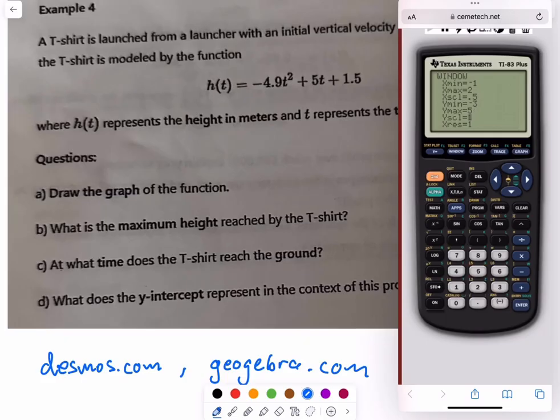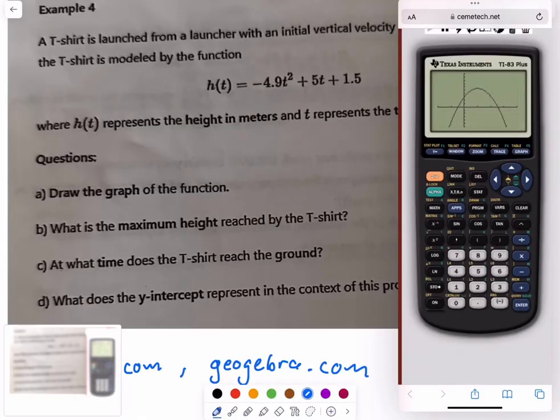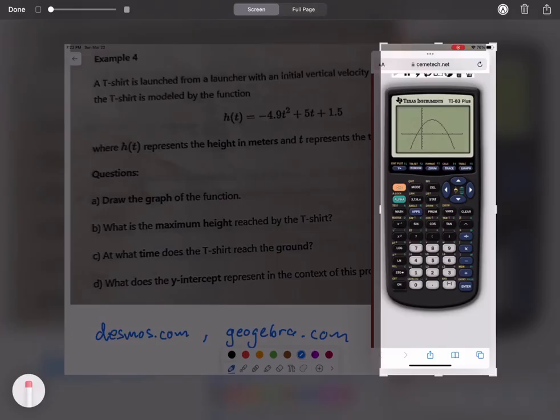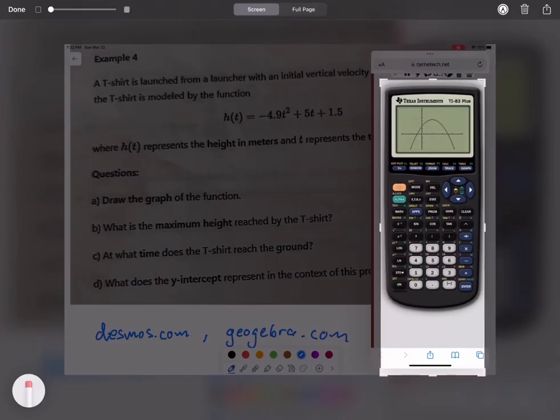Y scale, we can make each tick mark on the y-axis 0.5 as well. Now we should get a better window. So you saw how we constructed it to get the proper window. Again, if I need to go through more details on this graph, just let me know and I will.